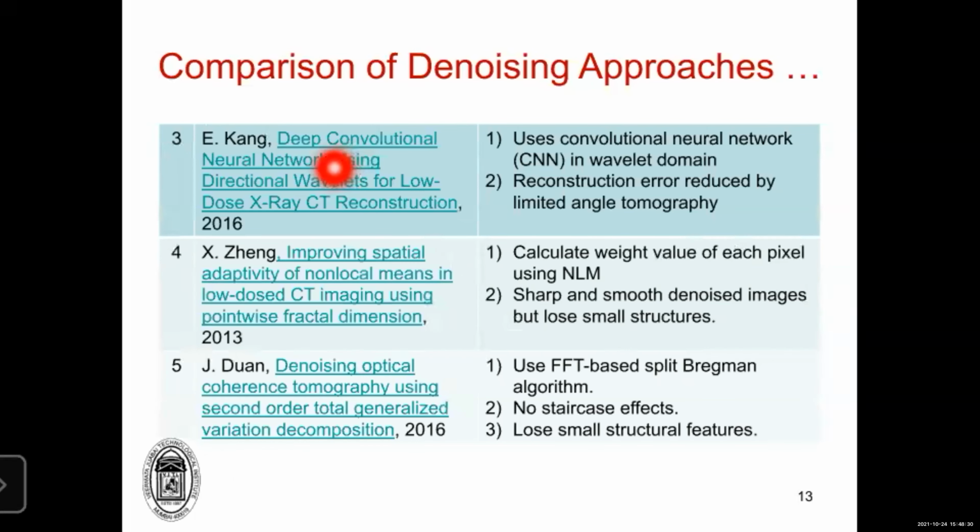Mr. Kang also published a paper for denoising. He used CNN in the wavelet domain, and reconstruction error was reduced by limited angle tomography. Mr. Zhang published a paper on his method.